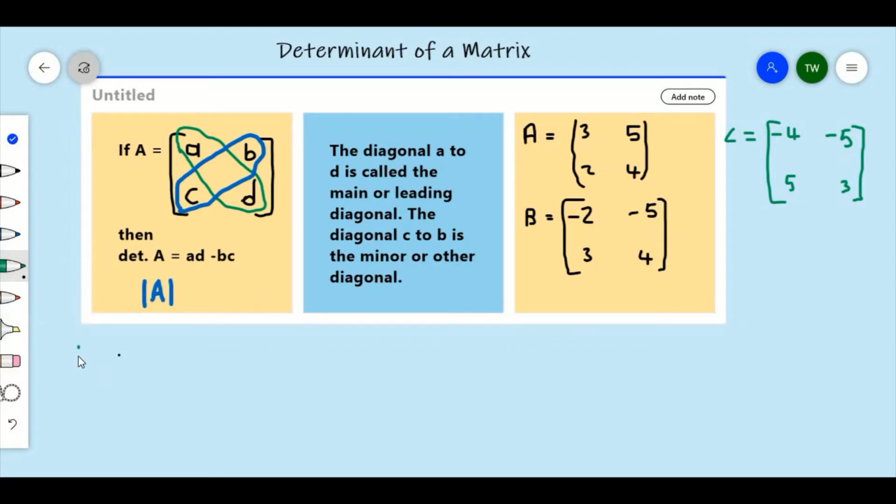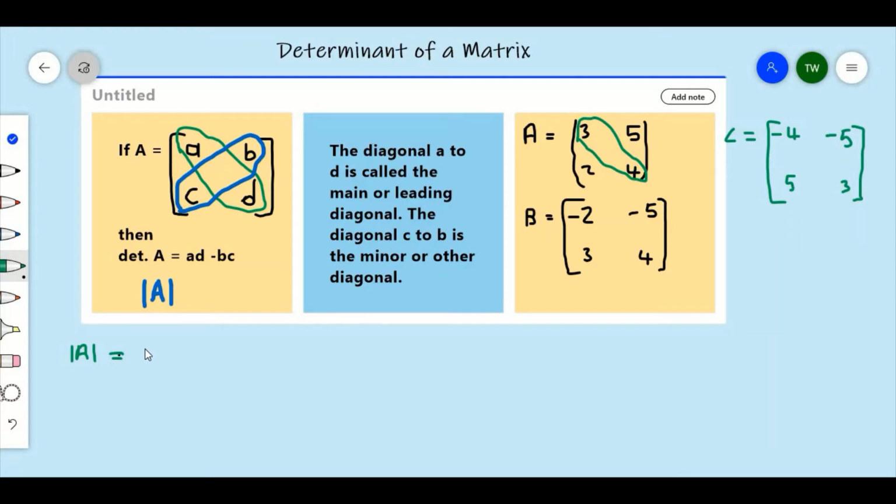So we know that the determinant of A here is going to equal the leading diagonal or the main diagonal, and here the main diagonal is going to be 3, 4. So it's going to be the product of that diagonal, right?